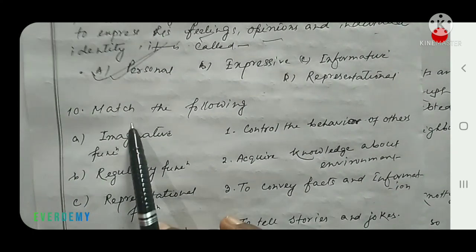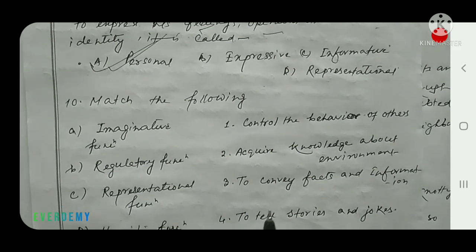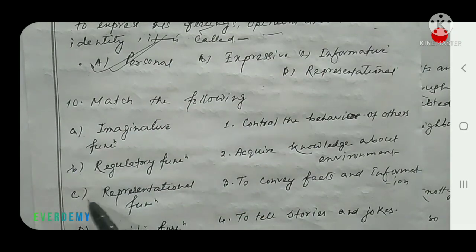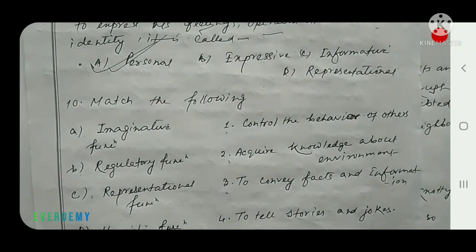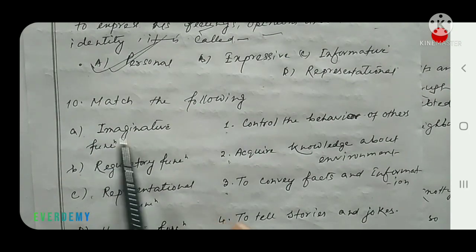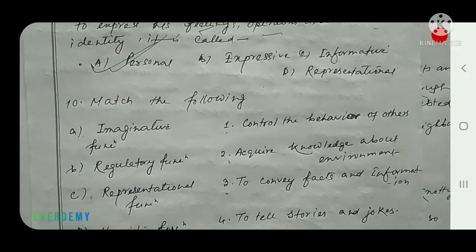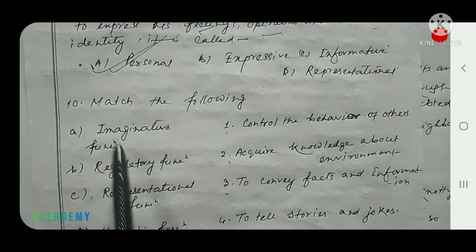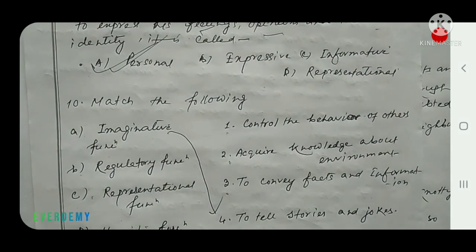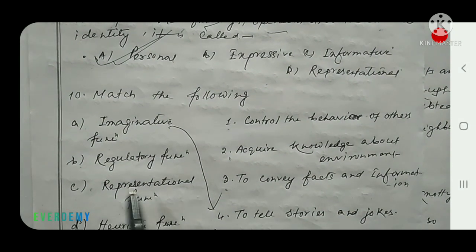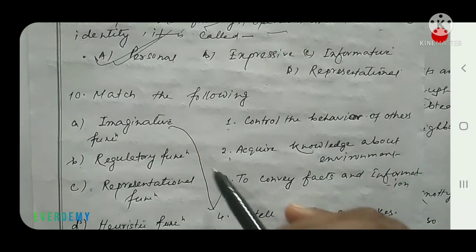Question number 10. Match the following. Here given A, B, C, D and 1, 2, 3, 4. Imaginative function is to tell stories and jokes. Regulatory function is to control the behavior of others.